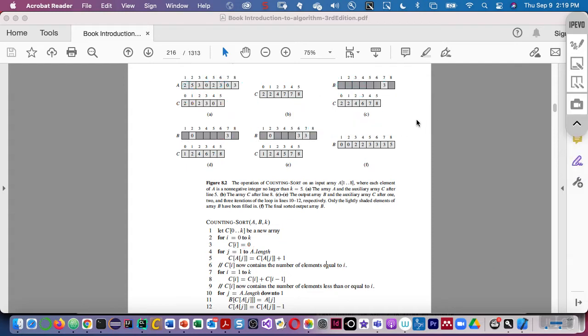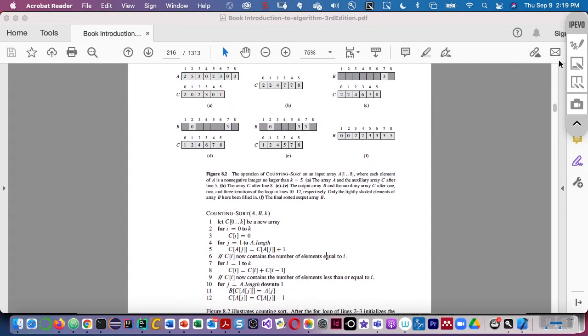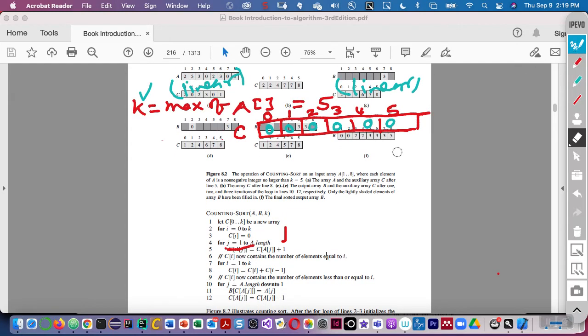Let me move it a little bit up. Now here, this code is to update the C, lines number 4 and 5.